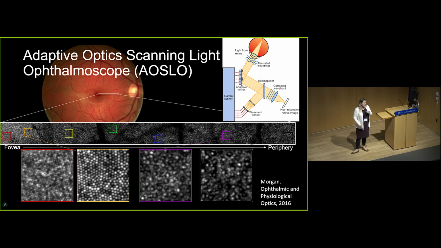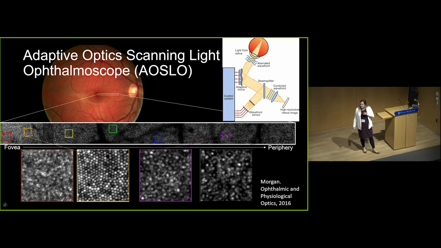But many of the diseases, in particular the inherited retinal diseases that Eric so beautifully talked about earlier, are cellular defects that cause changes at that cellular level. We can't just zoom in to a fundus photograph to see individual cells because the eye's optical aberrations cause distortions in our wavefronts that limit the resolution of our images.